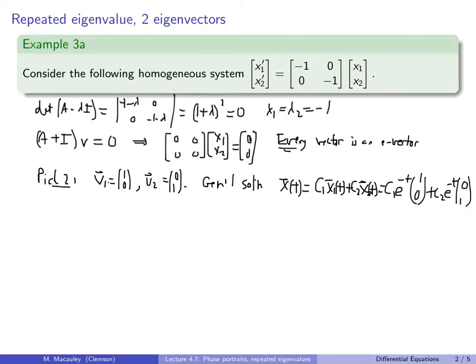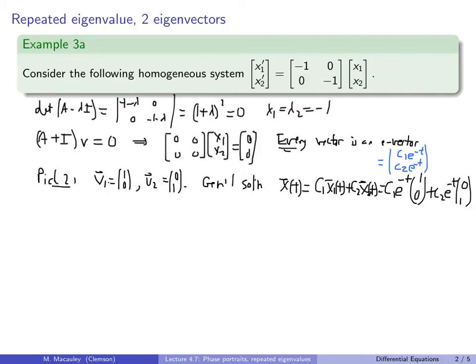And if you want to, you can combine this into a single vector. You can write this as c1 e to the negative t and c2 e to the negative t.